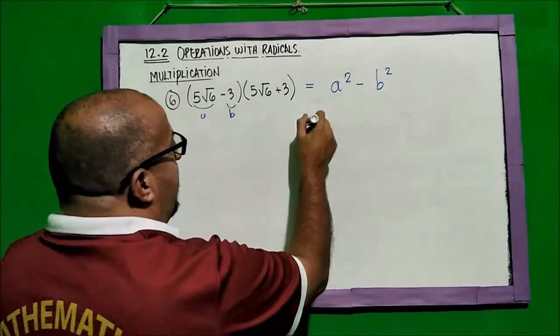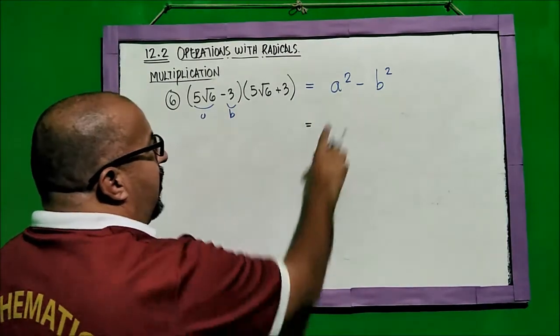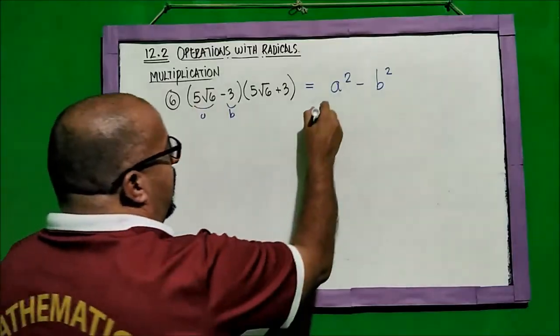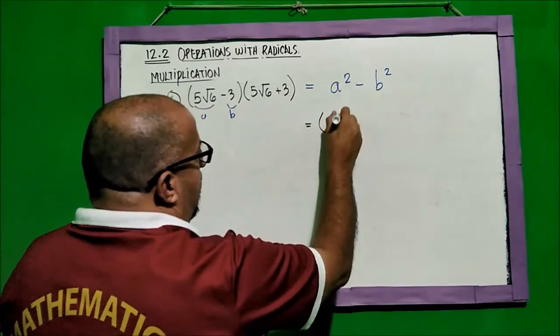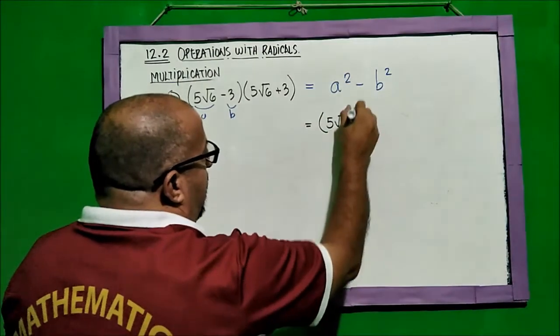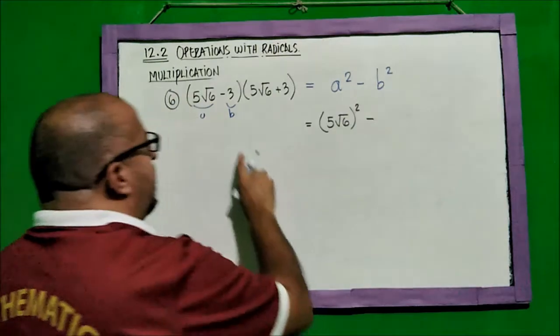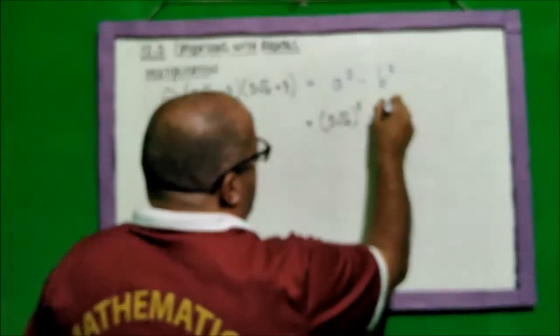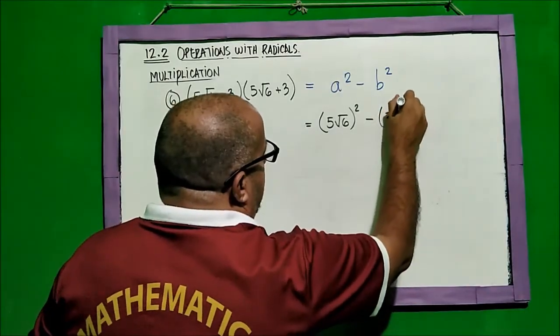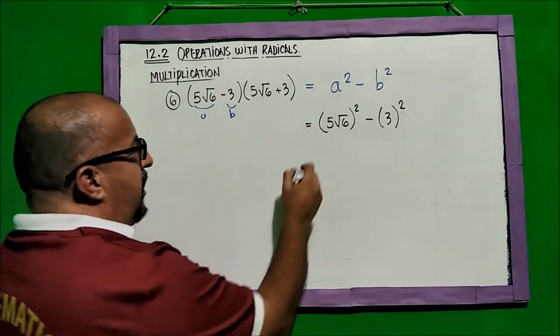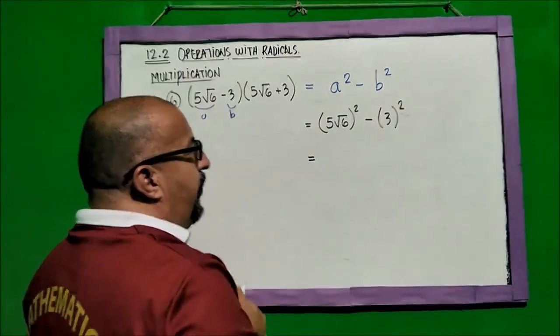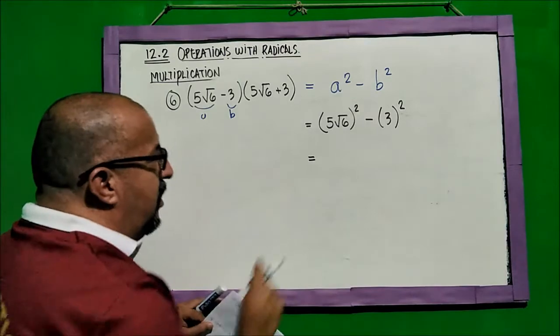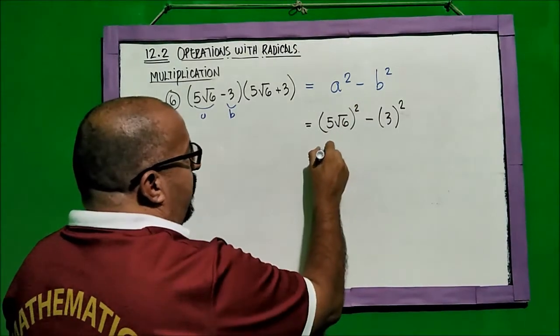So let's replace the information that we have in here. A is 5 square root of 6 to the second power minus 3, which is also to the second power. And then we proceed to simplify the roots and the powers. 5 to the second power becomes 25.